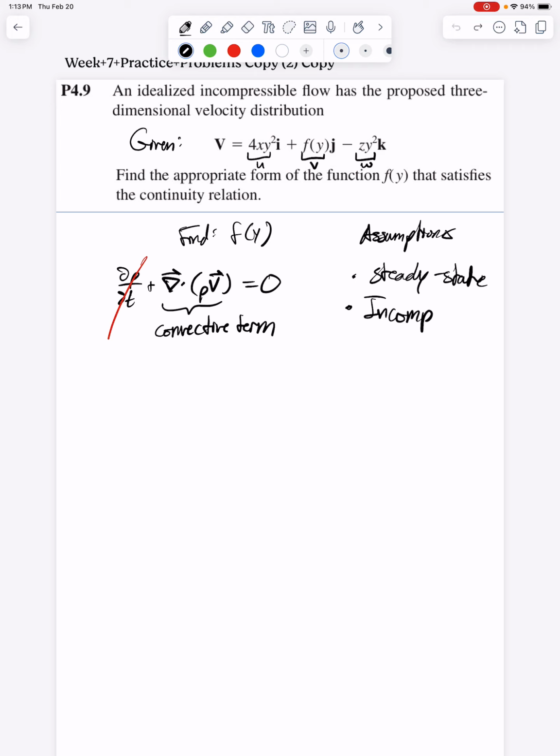This form breaks down to the sum of your partial derivatives.